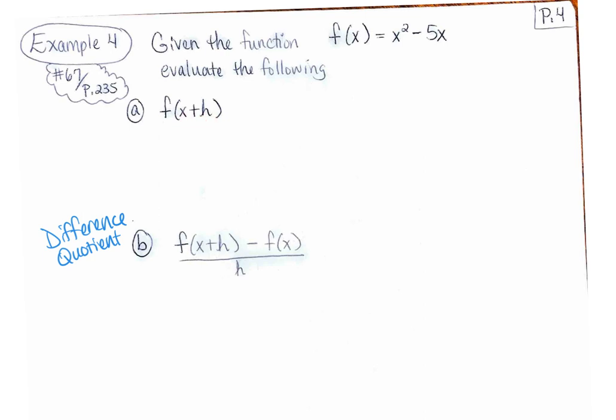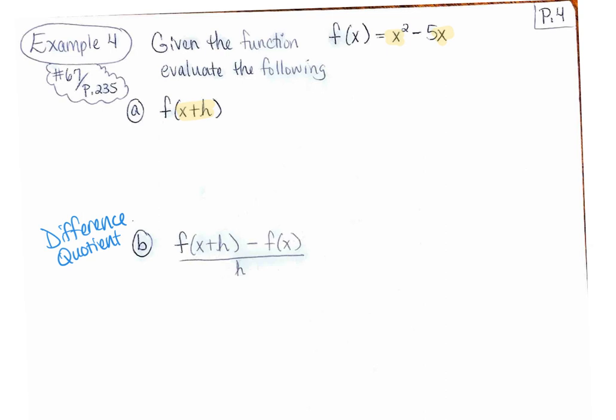You knew before when I said find f of -1, you knew to take -1 and substitute it in where you saw an x in your equation, right? So now when I ask you to find f of x plus h, I'm asking you to substitute in x plus h where you see an x here, and then simplify.